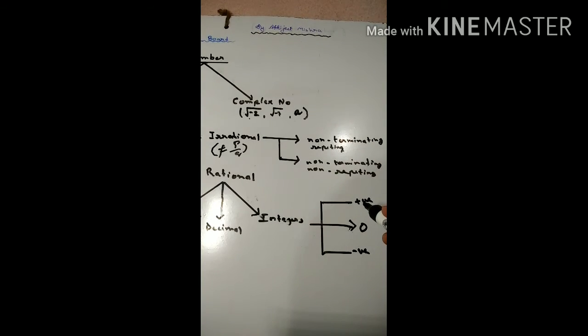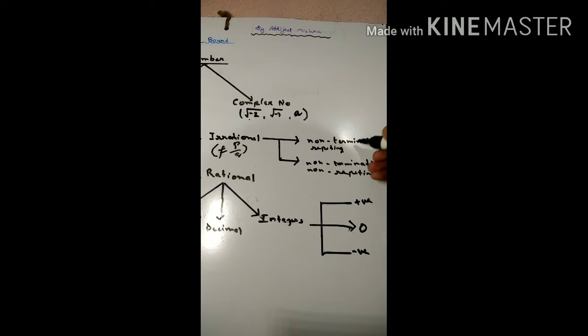Classification of irrational numbers is not very complex, it's very easy. The irrational number is classified only into two parts, that is non-terminating repeating and non-terminating non-repeating. In non-terminating, it will not come to an end. 0.333 dot dot, it will continue on.